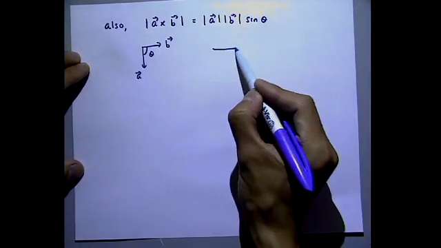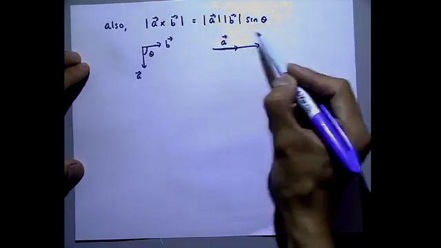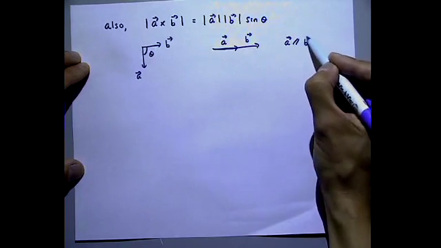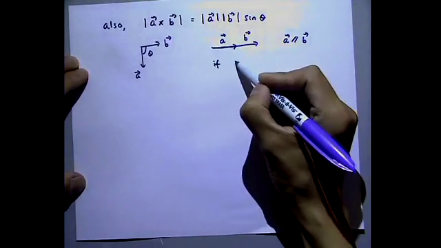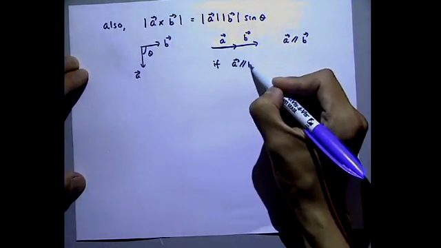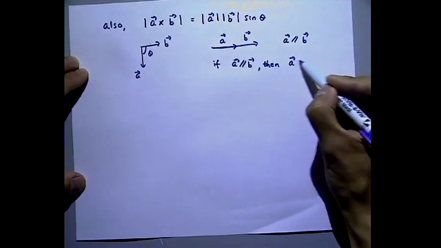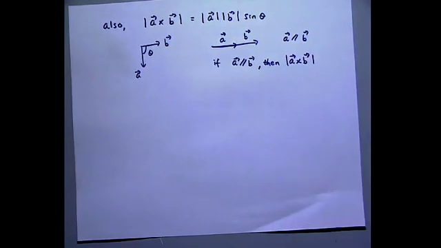So notice that if A and B are parallel, the angle between them is obviously 0, right? So you can see if A is parallel to B, then the magnitude of A cross B is equal to 0, right?